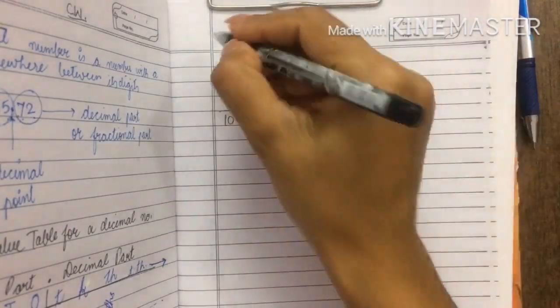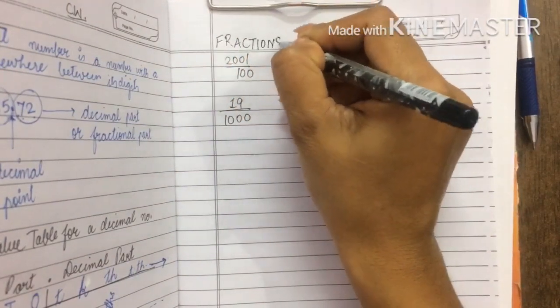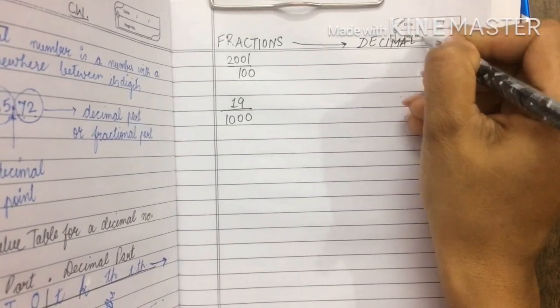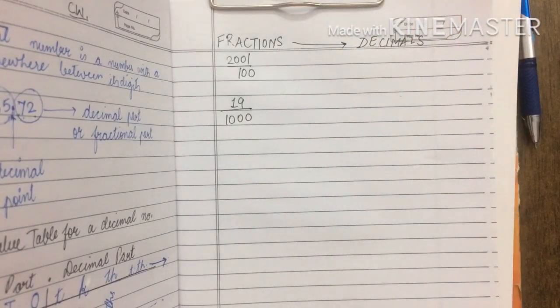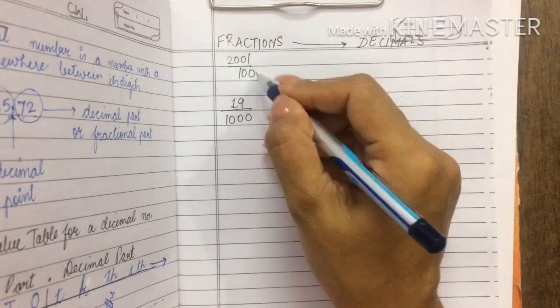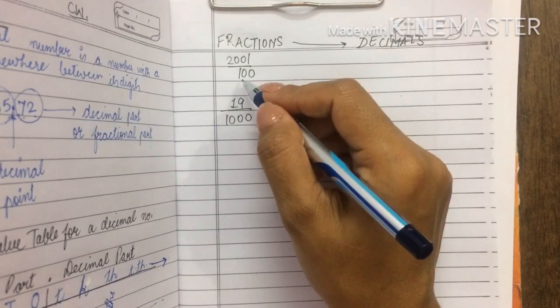And you have to write, now these are fractions, you want to change them to decimals. So how would you do this? You have done this already. When you want to convert a fraction into a decimal number, the denominator disappears.